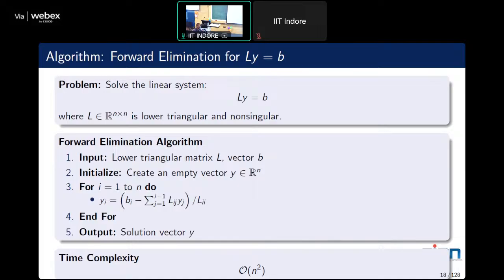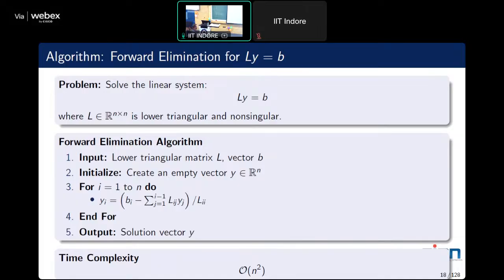Each one takes one block. Say addition, one block, multiplication, one block, calculating all at a time. Here there is a subtraction, and here there is a multiplication. So in one operation, we use 2 blocks.